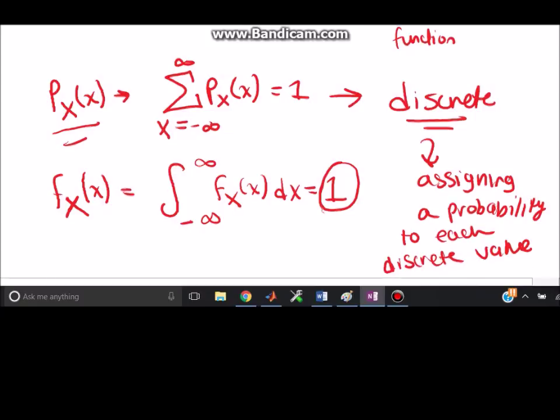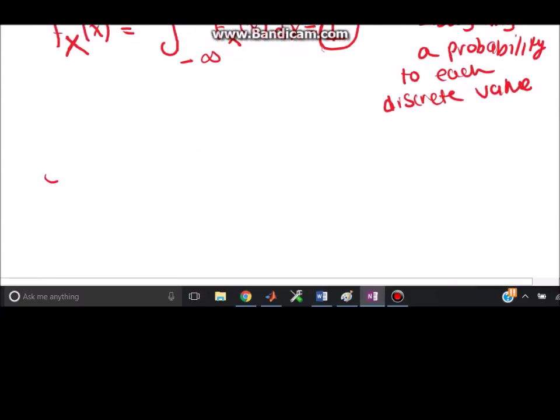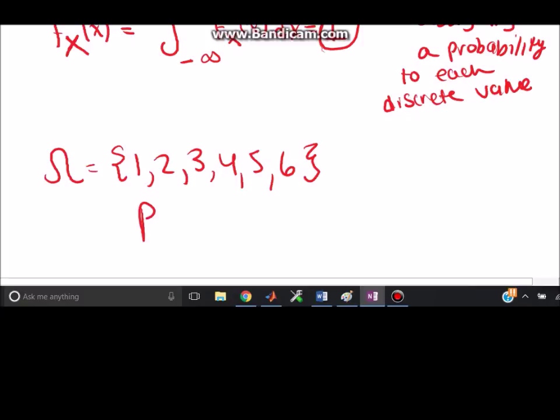We do that with a die, right? The die's outcome is 1, 2, 3, 4, 5, and 6. And if we assume it's a fair die, for example, the probability that x is going to equal 1 is going to equal 1 over 6. So this is an example of a PMF.